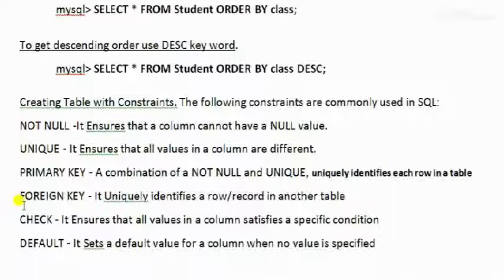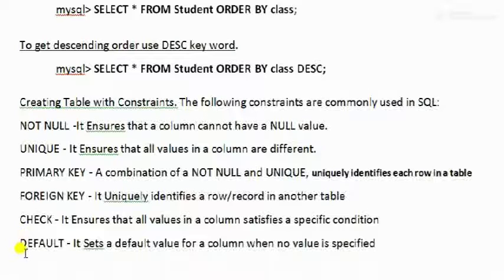Check constraint checks the conditions of values to be entered into the table. Which means the entered value must be checked properly. It should fulfill the condition. It must satisfy the condition.